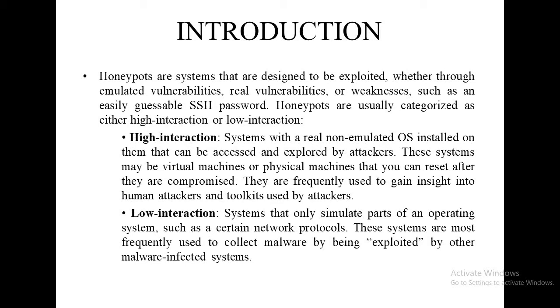To be very clear, if we allow only minimum access, that is low interaction. If the attacker can attack the full system of my OS, then it means high interaction honeypot. This is a very simple term.